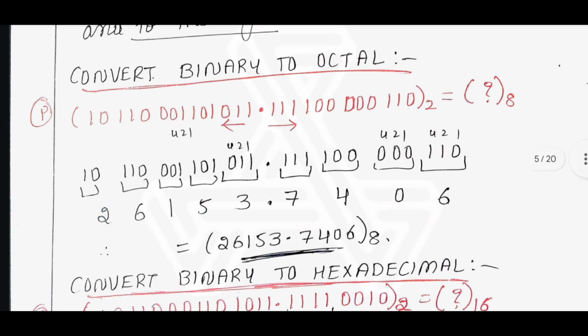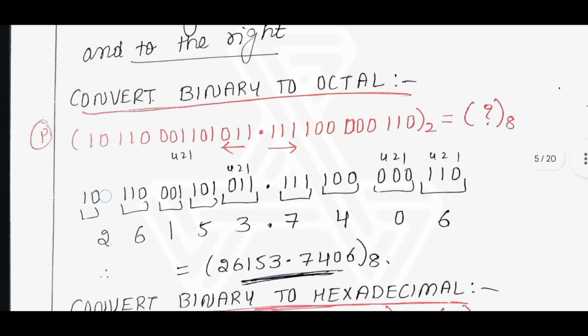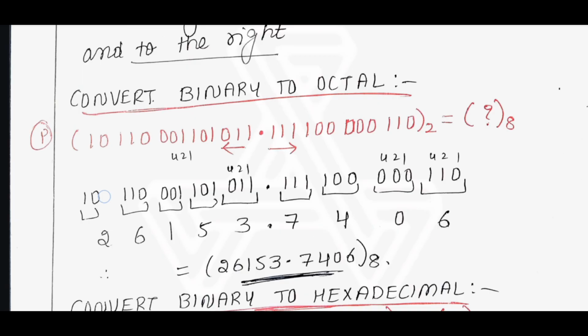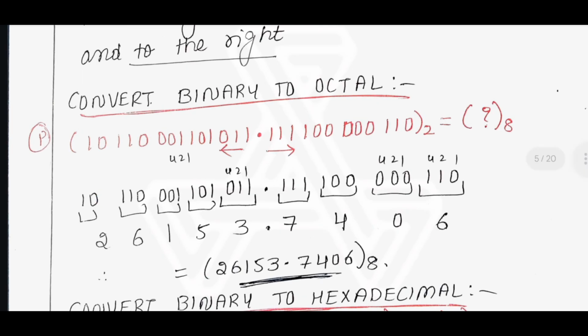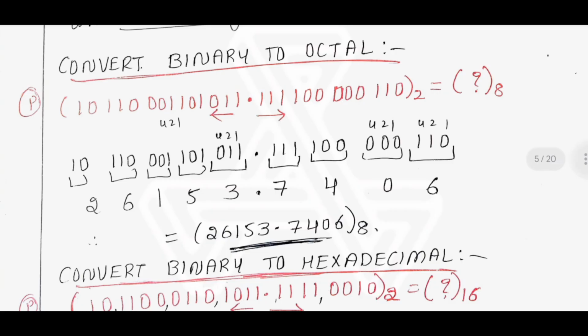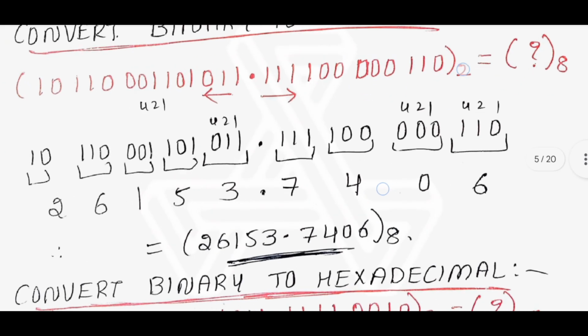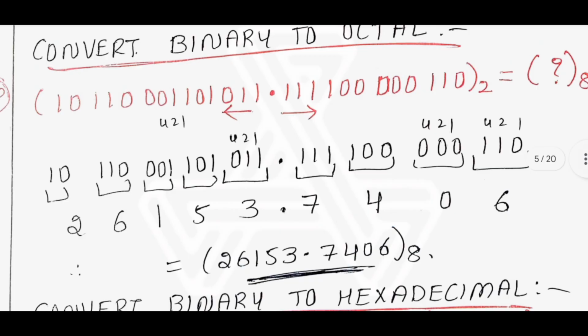If we consider 0, 1, 1, that is taken as 4, 2, 1. 8 is not needed here, so 0, 1, 1 is 3.